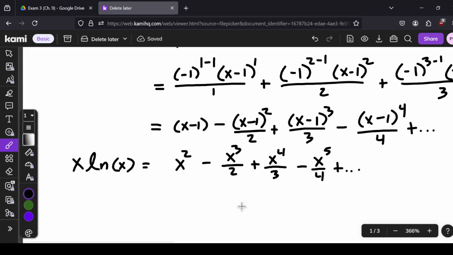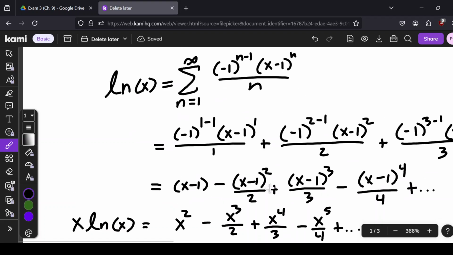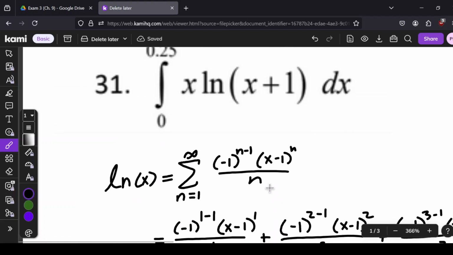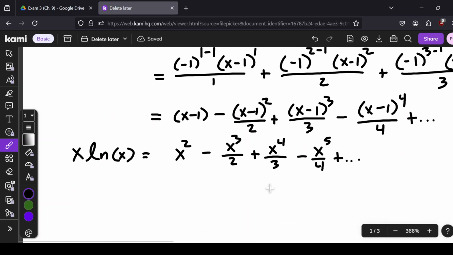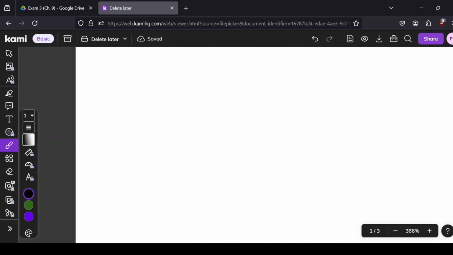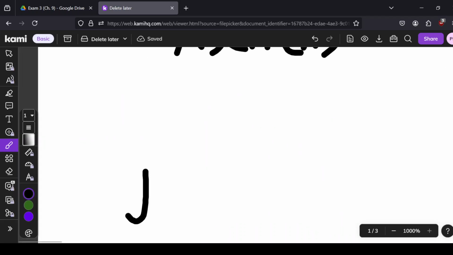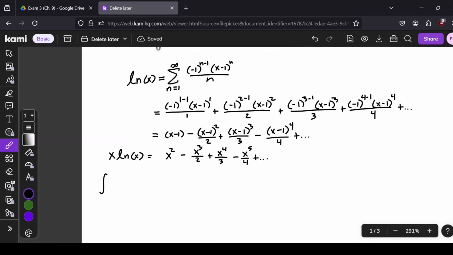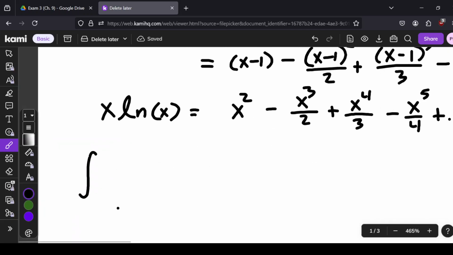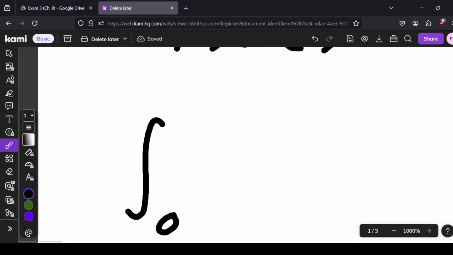And I guess I have to integrate that from 0 to 0.25.